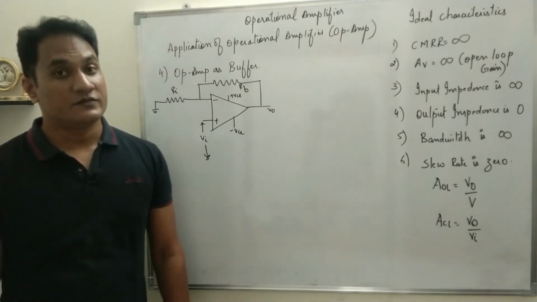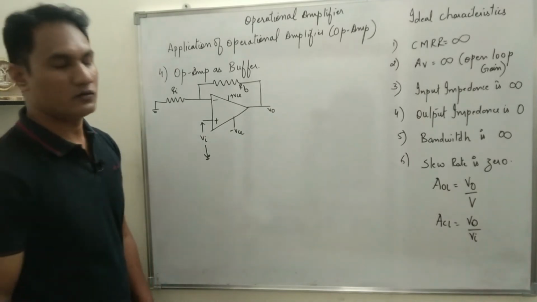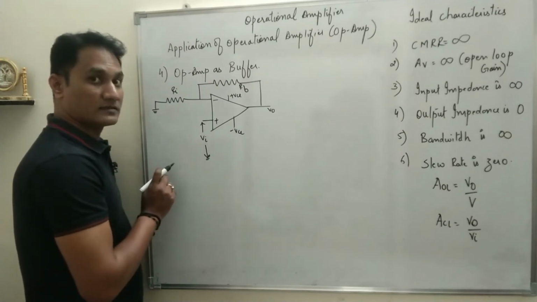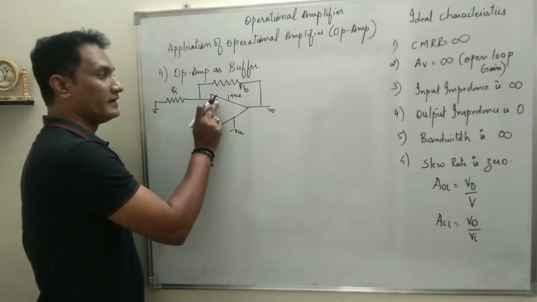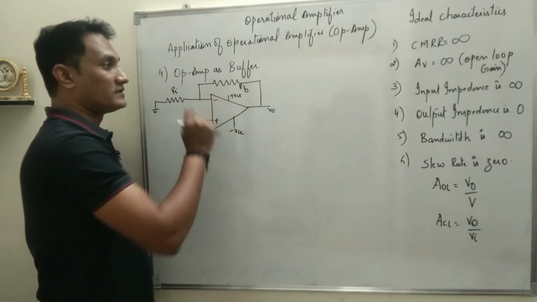Now the circuit which I have drawn on the board, just look at it closely. What you can see is that the input is applied to the plus terminal, which is the non-inverting terminal, and the inverting terminal is grounded.